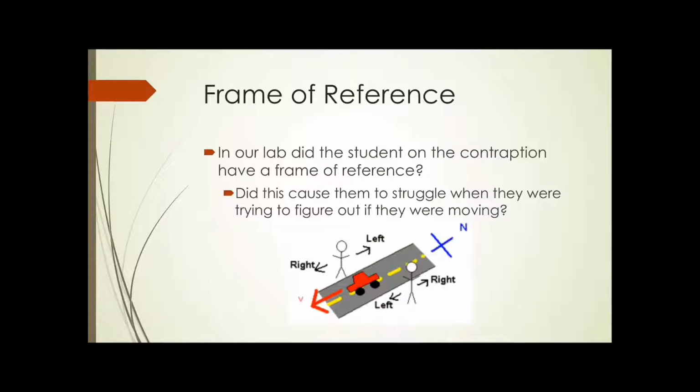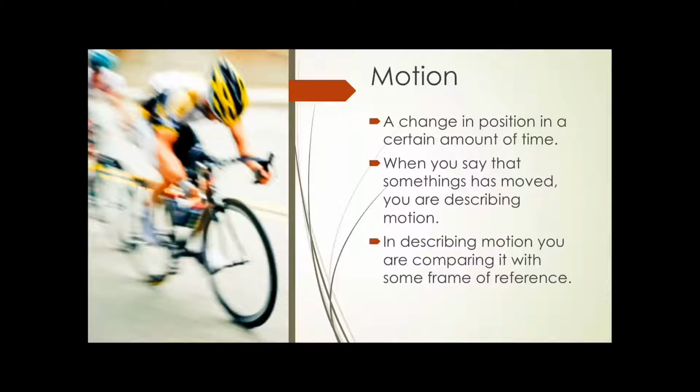It could have to do with your other senses, or it could just be you're pretty good at feeling yourself move in a chair. So what is motion? Motion is a change in position over a certain amount of time. When you say that something has moved, you're describing its motion.